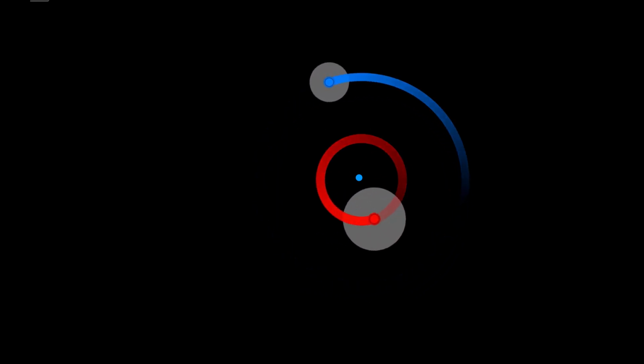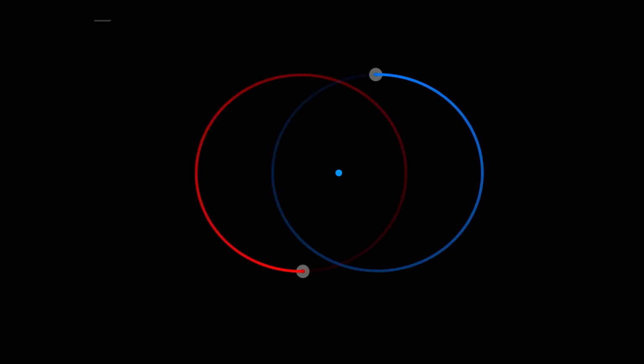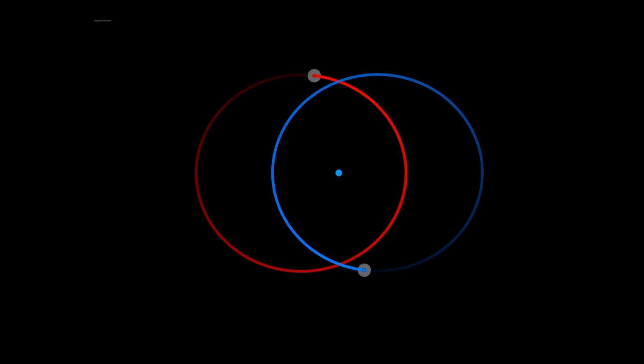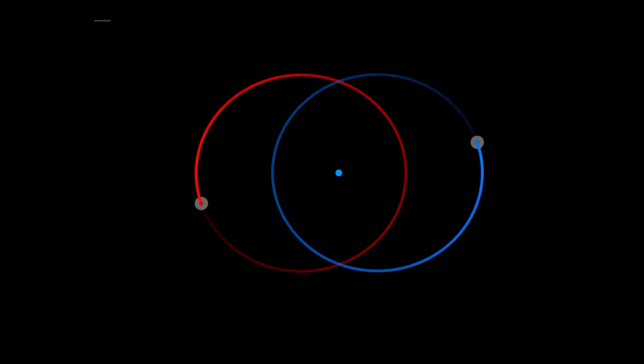And sometimes the barycenter is right in between, as in this example, and the two objects just orbit one another like binaries. Okay. There's another case where the two objects orbit like this, which is pretty cool. And the barycenter, as you can see, is located right there.